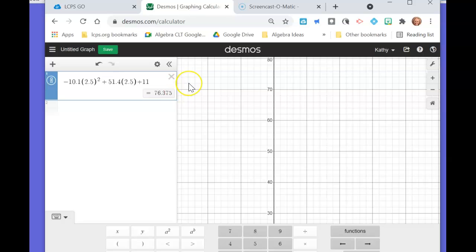Notice we get 76, so it's approximately 76.4 meters. So you can use Desmos to plug it in and treat it like a calculator as well.